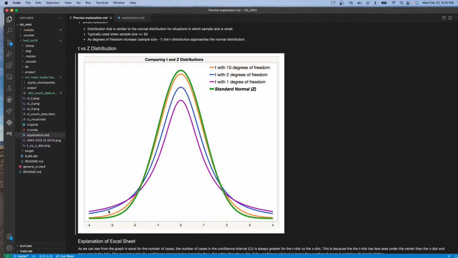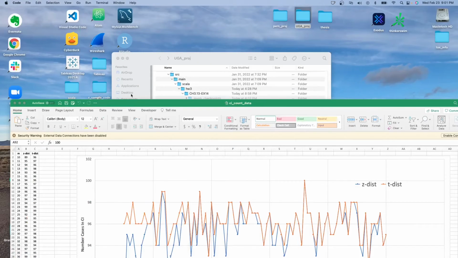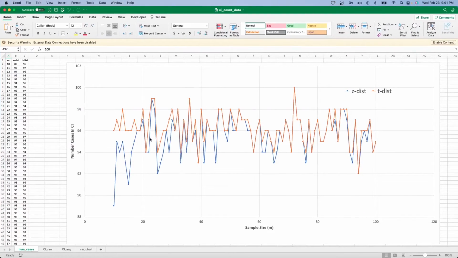So the confidence interval for the T will always be wider than the confidence interval for the Z. And ergo, more cases will fall into a wider interval. Said another way, it's easier for the population mean to fall in a wider confidence interval. So that's the logic why, and we can see in actuality that this really is the case. And there'll be an even more striking visual in a second.